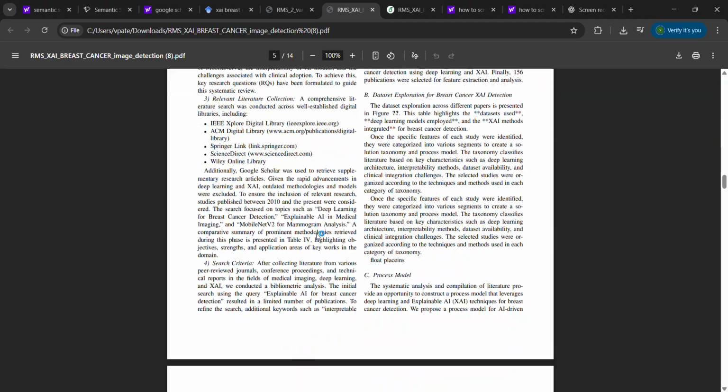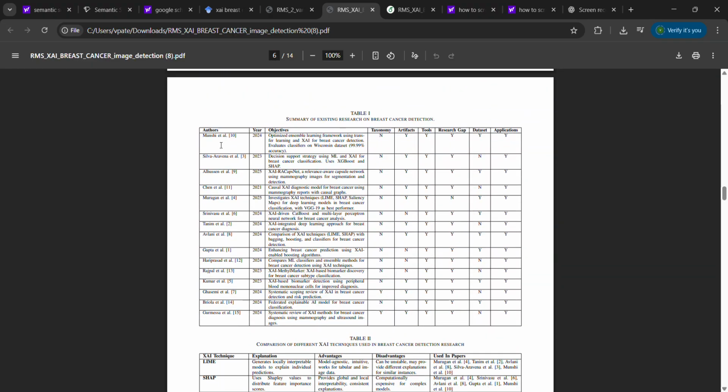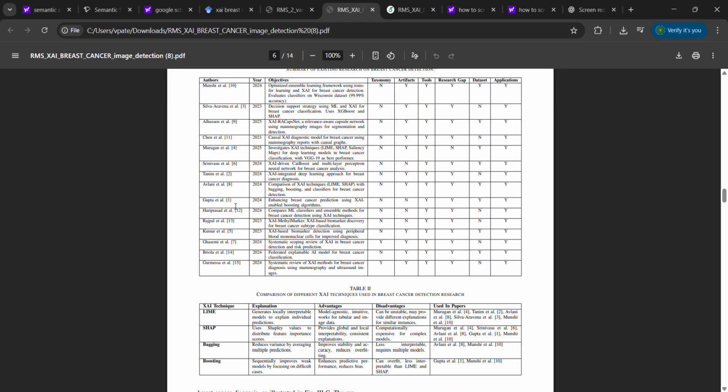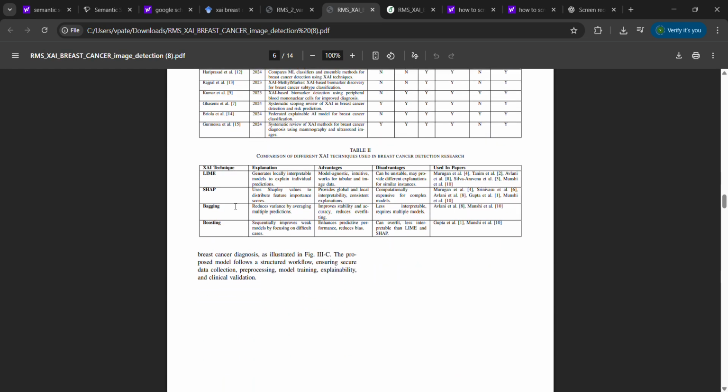Then you have to make a number of tables, like you can see how many research papers I have studied, and I made the taxonomy diagram, artifacts, tools, research gap, datasets, applications, to make a comparison diagram between many other research papers.